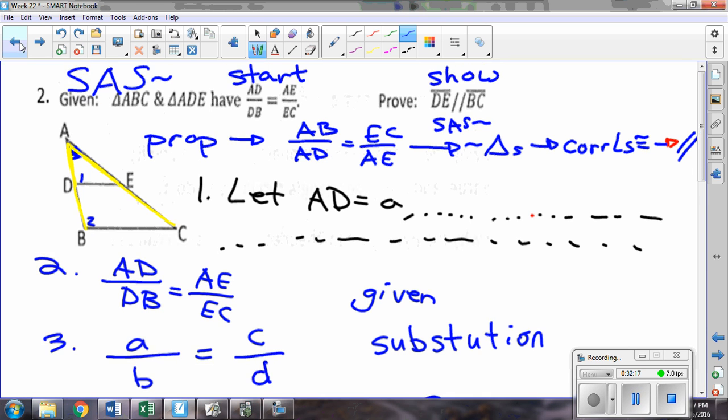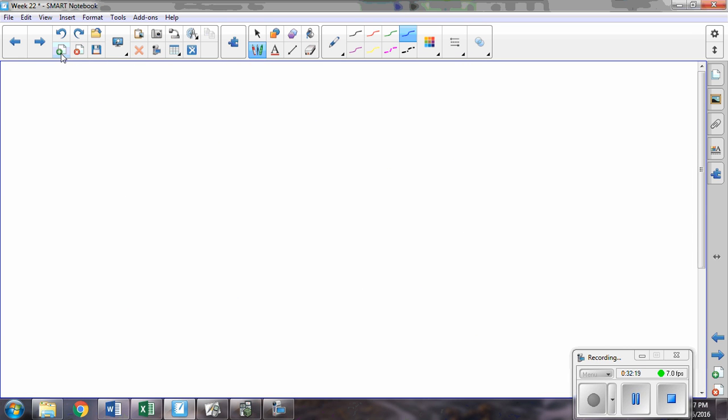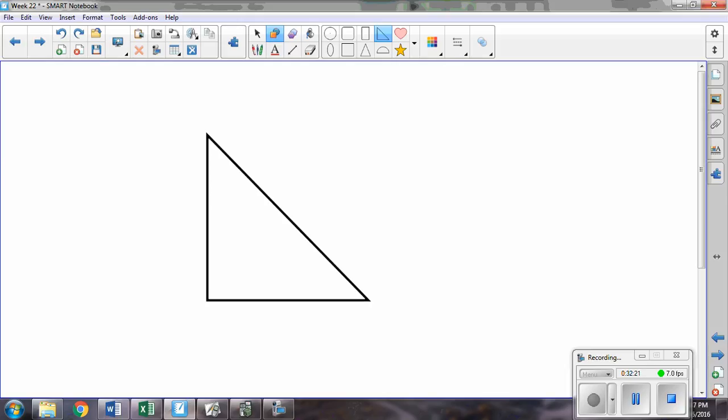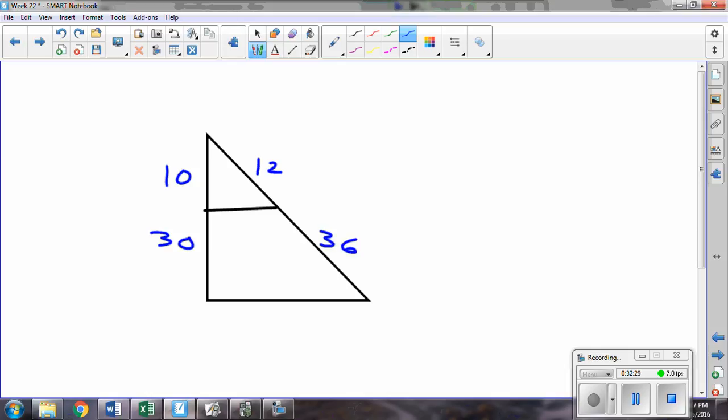So for instance, if we have the picture, and we can show, basically, I'm asking, are these lines parallel? Yes or no? This theorem lets us set up the proportion.